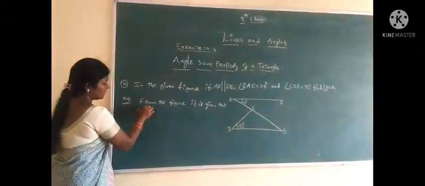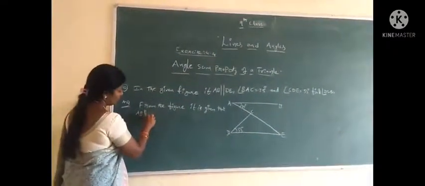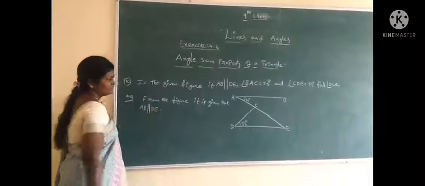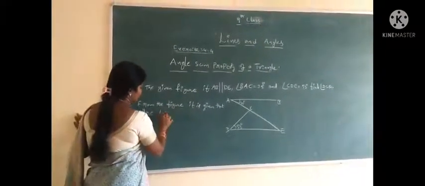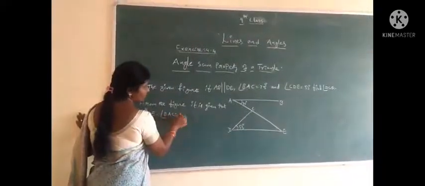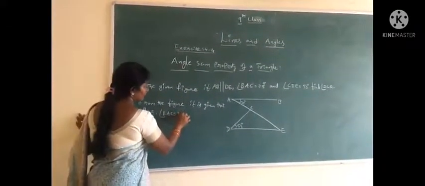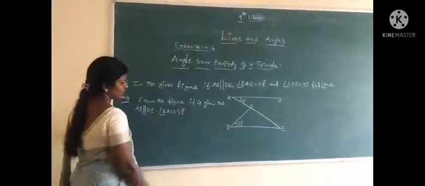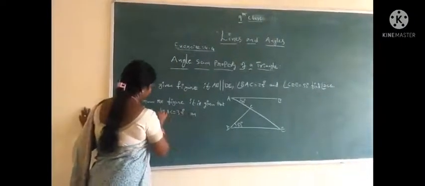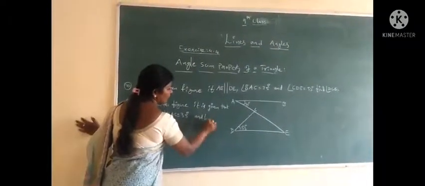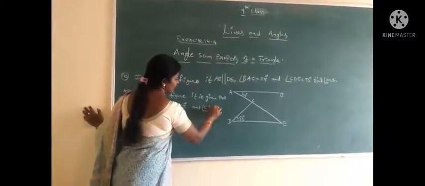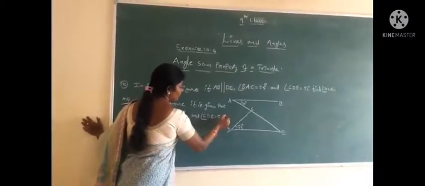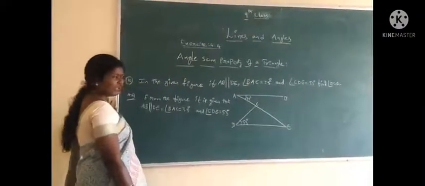AB is parallel to DE. And angle BAC is equal to 35 degrees. And angle CDE is equal to 53 degrees.